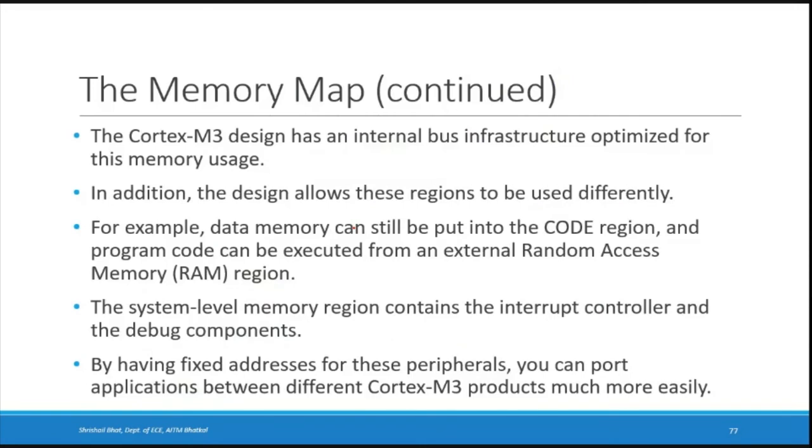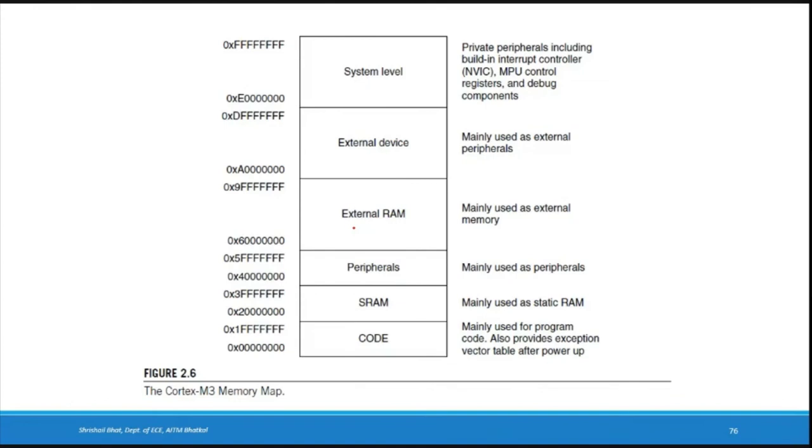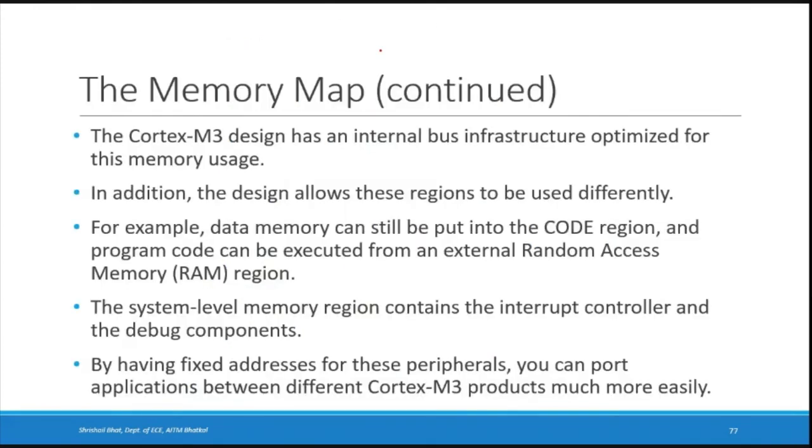But there are certain restrictions. You cannot use it as you like. There are some restrictions as to where you can put certain types of data in what regions. The system level memory region contains the interrupt controller and debug components, at the top half GB. By having fixed addresses for these peripherals, we can port applications between different Cortex M3 products much more easily, right?